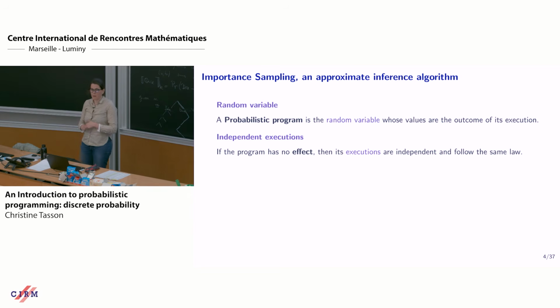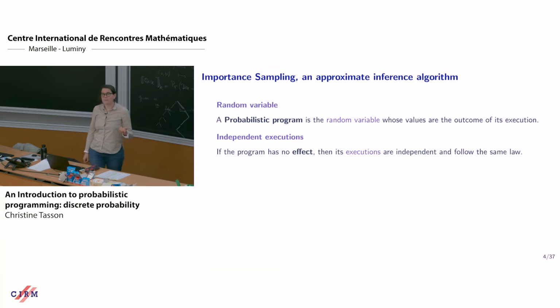Okay, so we will use importance sampling as a reference inference algorithm. Importance sampling is an approximate inference algorithm which will take a random variable and will repeatedly simulate it.